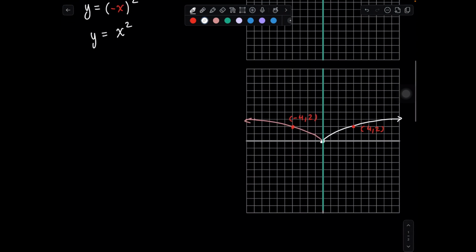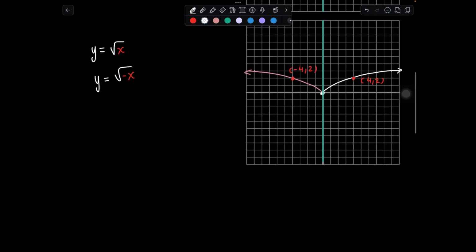But I'll show you our example here. So our graph on the right, the white one here, that one is root x. When we reflect this across the y-axis, it becomes, I'll show you here, you just replace your x value with negative x. So you can see how that's what you get.